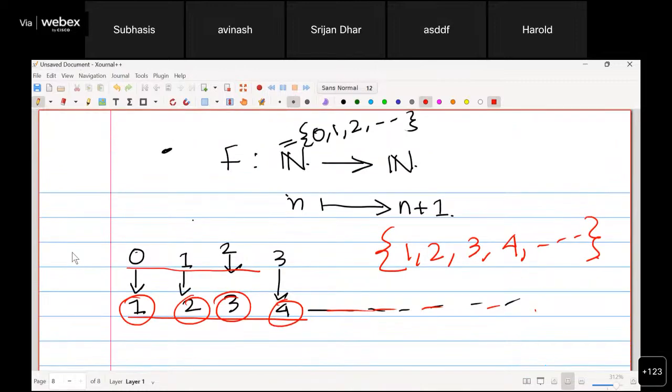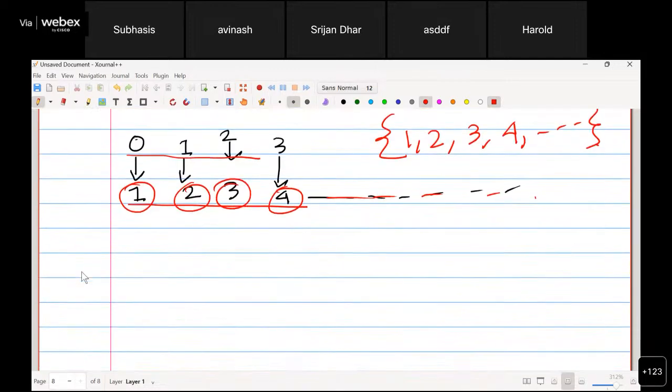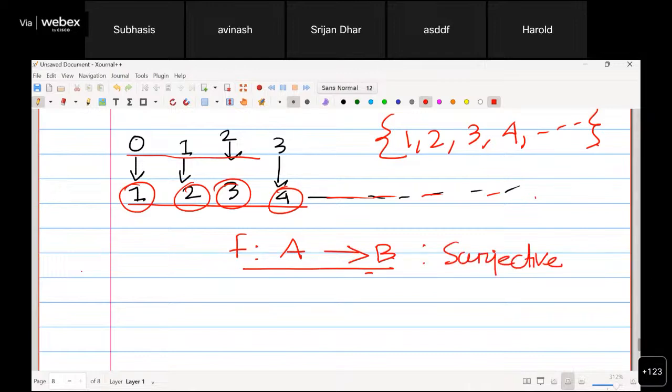So now let me tell you one more definition. Suppose you have a function from A to B. When you say that this function is surjective or onto, they are basically the same thing.